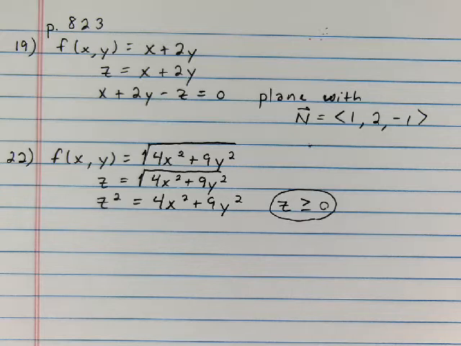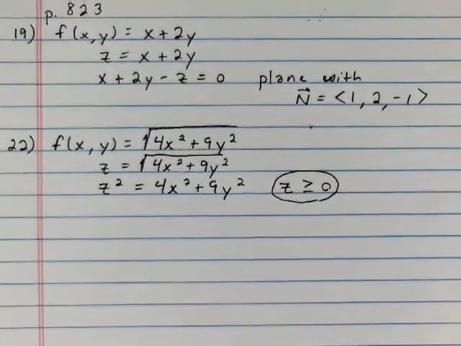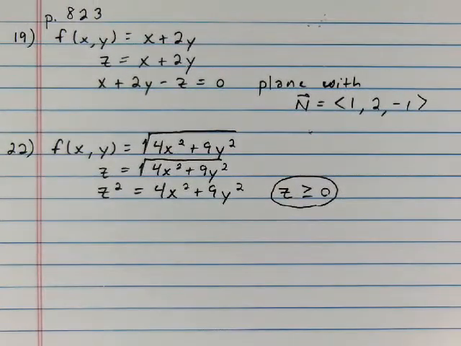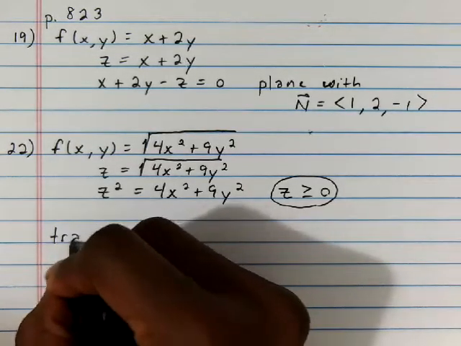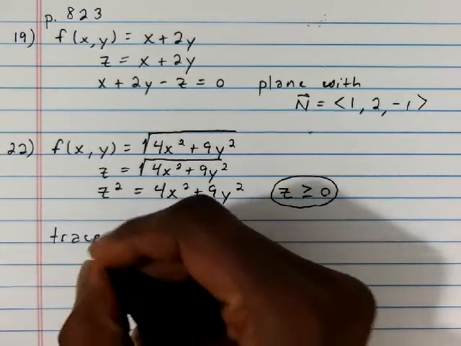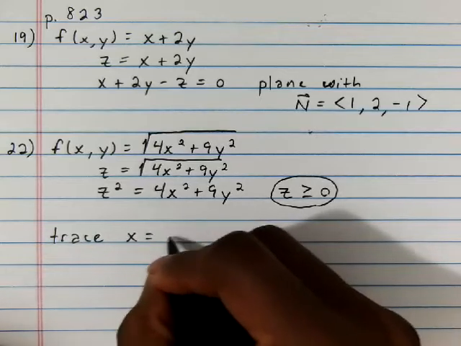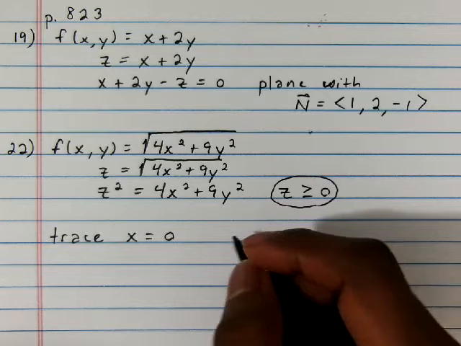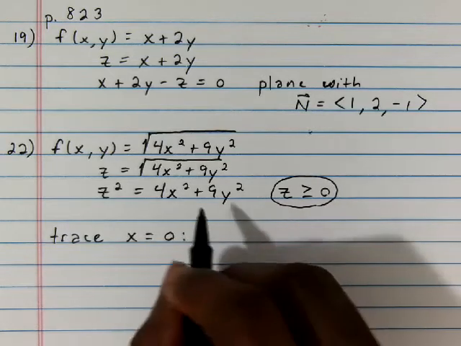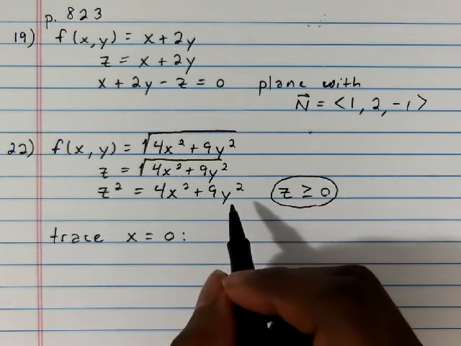All right, so now we'll use our traces that we talked about in the last lecture to sketch this. So let's start with the trace x equals 0. And remember, for your traces, you can use whatever you want to. You're just trying to get information about what the graph's going to look like at the end.